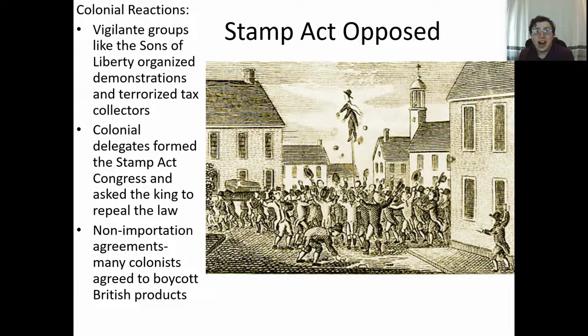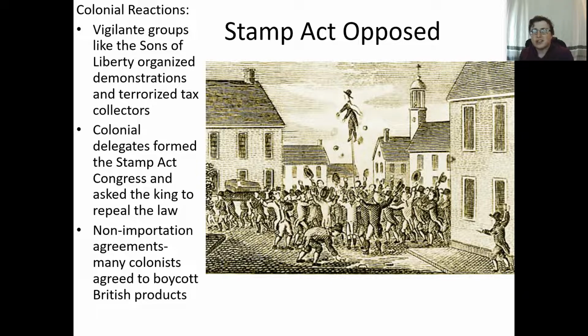We would also get the non-importation agreements, in which colonists would agree to boycott any British products that would have this stamp tax put on them. This was an attempt to hurt British business and to hope that this would sway the government.